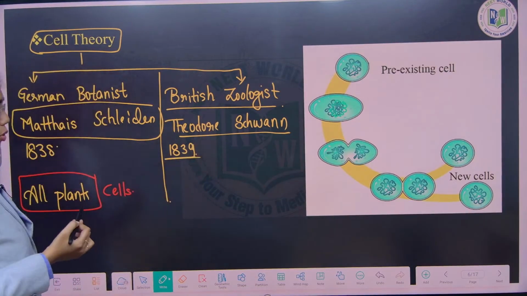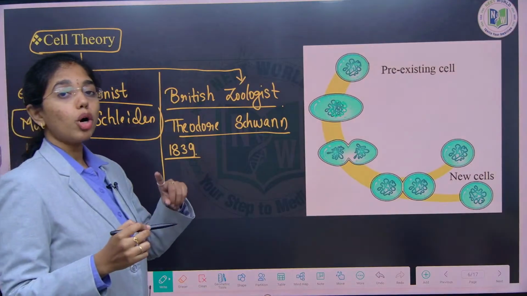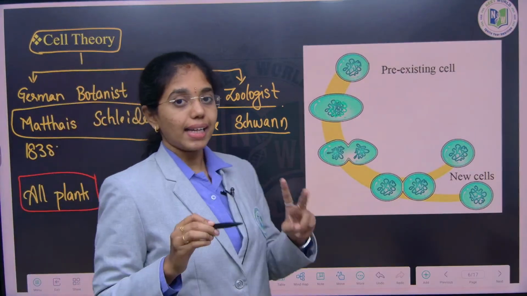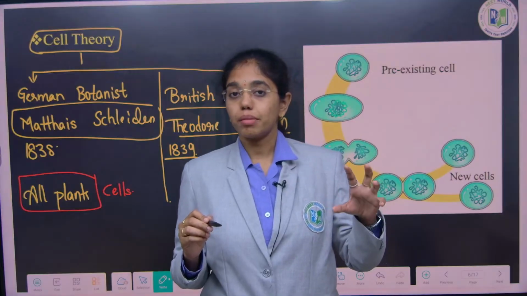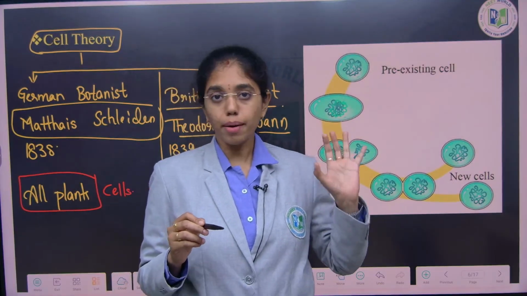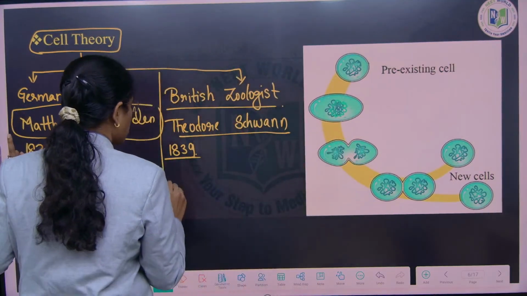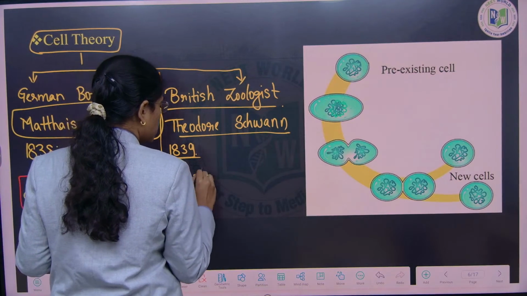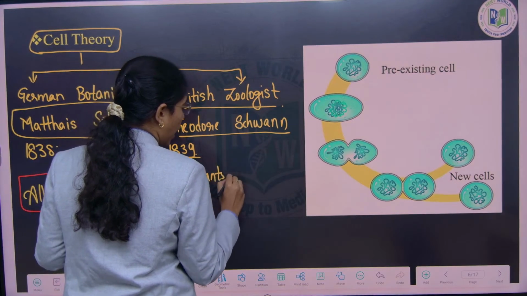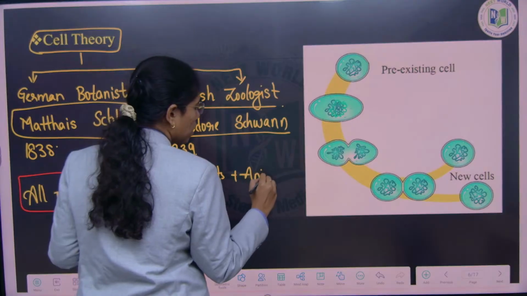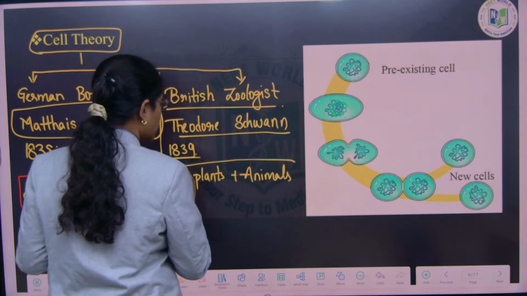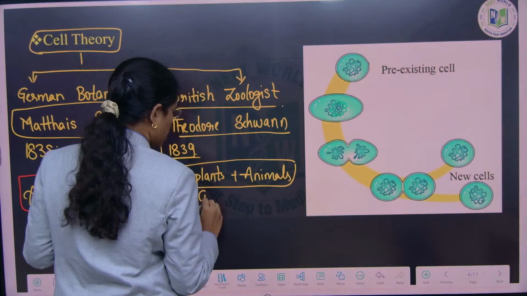What is his proposition? He observed both plants and animals, said that all the plants and animals are composed of the cells and products of cells. That is the first point. All plants and animals are composed of cells and products of cells.